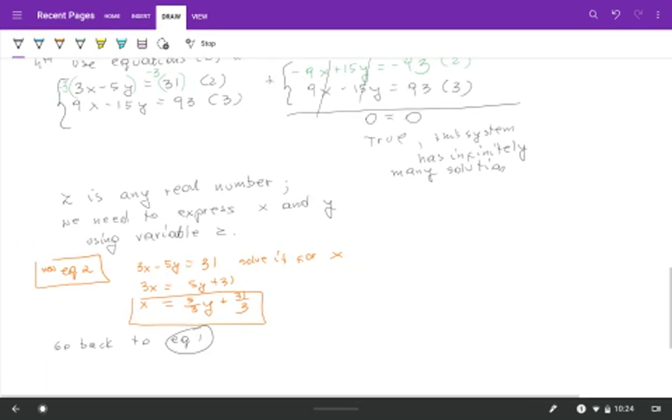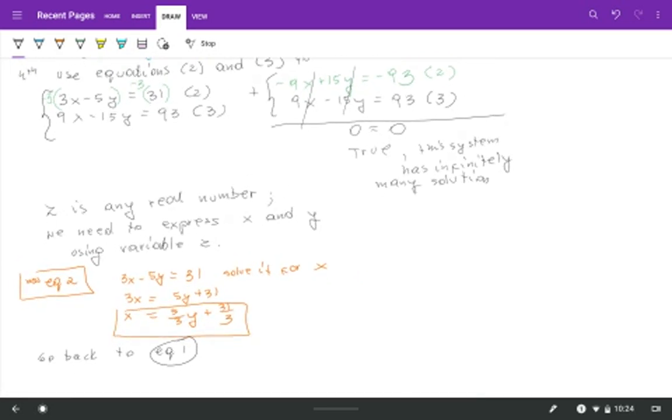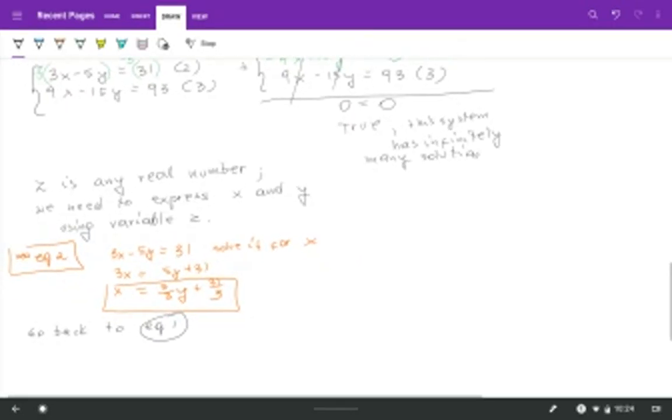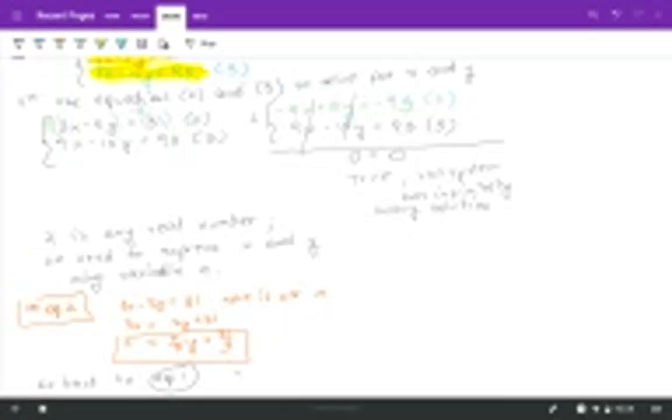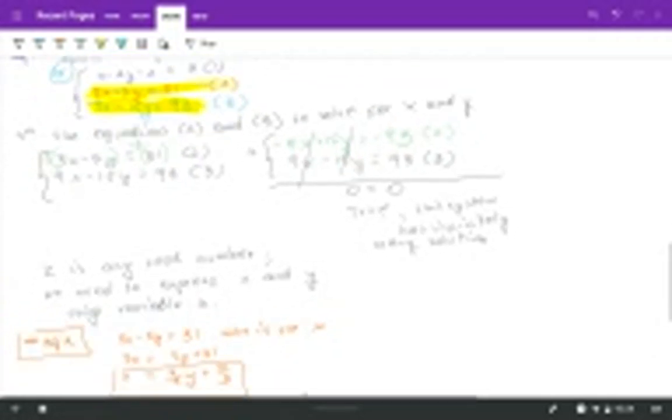So again, equation 1 was x minus 2y minus z equal 8.